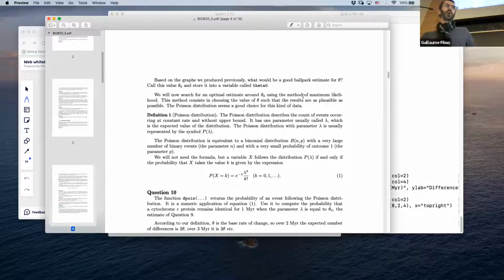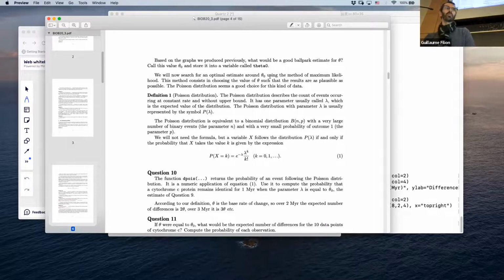We will now search for an optimal estimate around theta 0 using the method of maximum likelihood. This method consists in choosing the value of theta such that the results are as plausible as possible. I cannot emphasize enough how important that statement is. The method of maximum likelihood is exactly what it says.